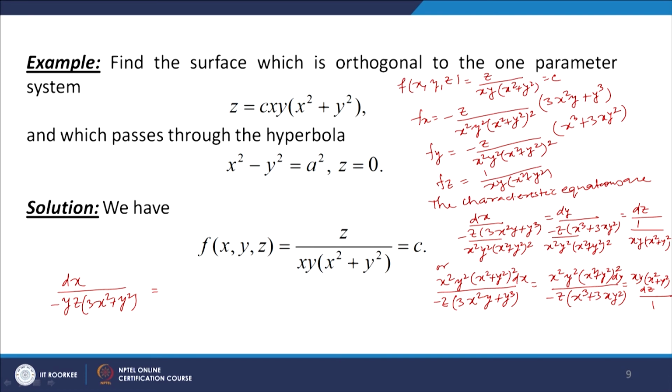And here we divide by x square y square (x square plus y square) whole square, so we get minus dy over minus xz times (x square plus 3y square), and dividing as well we get dz upon xy into (x square plus y square).